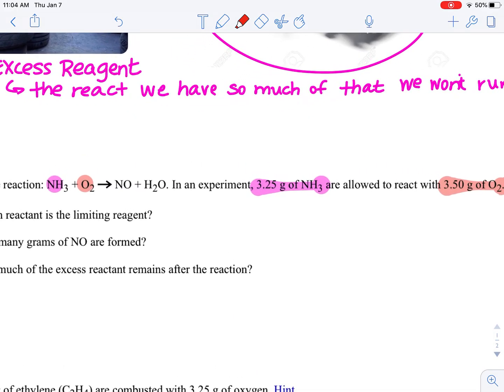That fact that you've been given information about both of your reactants is the number one clue that this is a limiting reagent stoichiometry problem. We have to first figure out which of these two reactants is going to be depleted in order to predict how much product is able to be made.